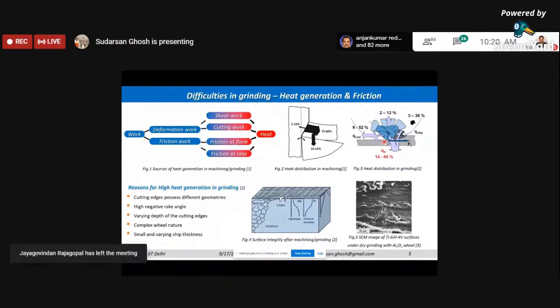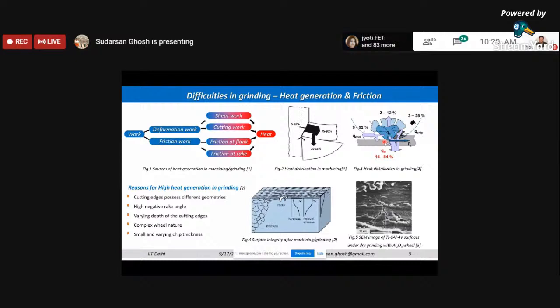So you understand the whole issue: if such hidden stresses remain, then what will happen? Then the entire life duration of the ground component will get altered. Normally these tensile residual stresses will lower the life, right? They actually influence the fatigue life of the component.